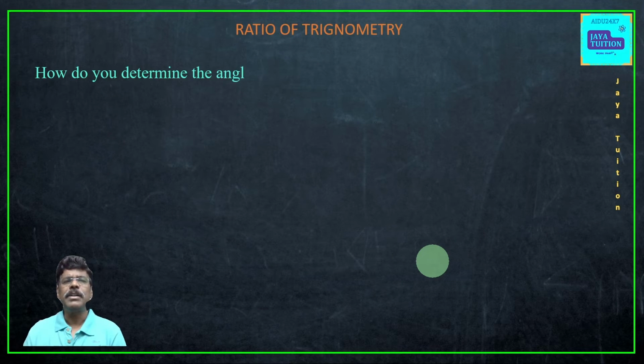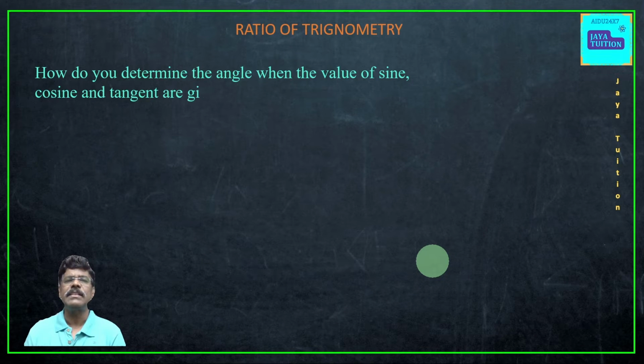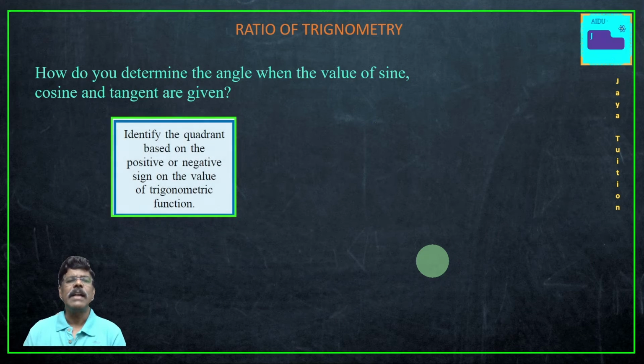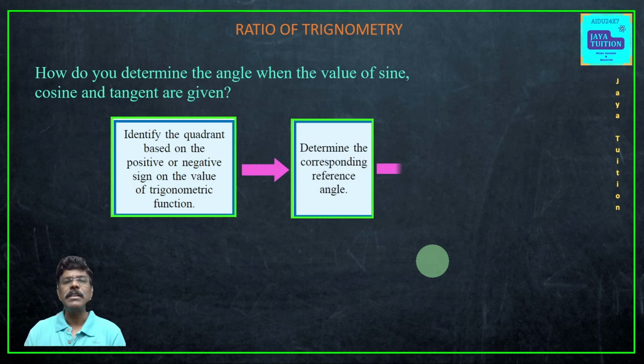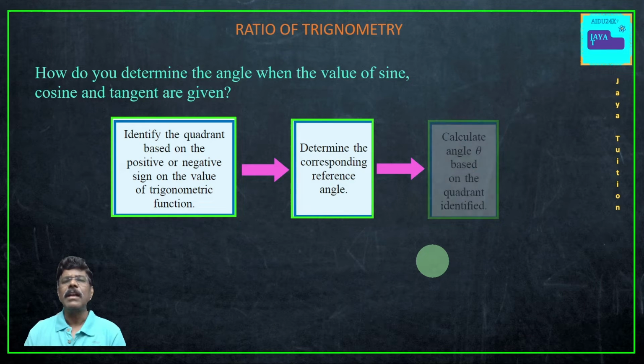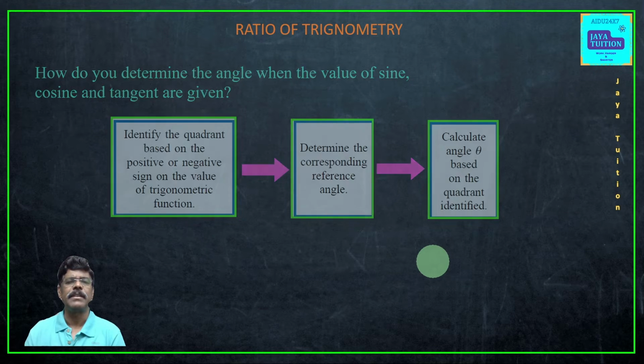Now how do we determine the angle when the values of sine, cosine and tangent are given? For that, identify the quadrant based on the positive or negative signs of the values of the trigonometric functions. Determine the corresponding reference angle, and after that calculate the angle theta based on the quadrant identified.